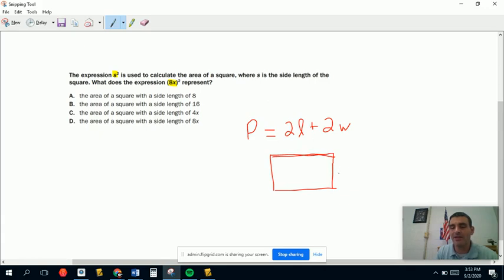Now we know that the length and the width are each represented twice on a rectangle. So you have 2 lengths to add up, you have 2 widths to add up. And by the way, it never matters which one's length and which one's width, as long as you get them both in there. But they may ask you a question like that. How do you interpret the 2?